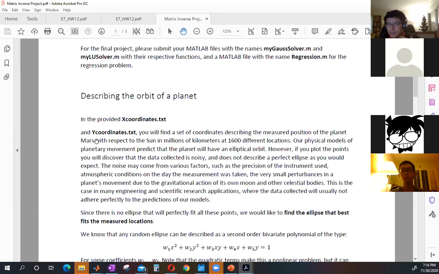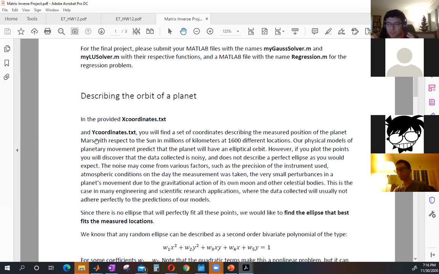As you will find in many engineering and science applications, measured data will have noise because our instruments are not perfect, because we as human beings making the measurements cannot do it perfectly.